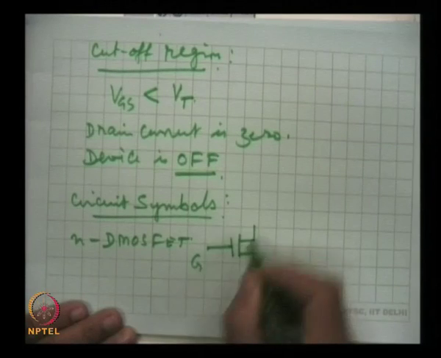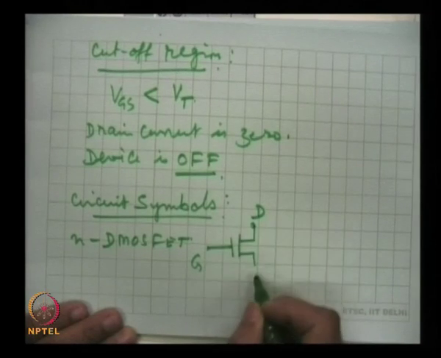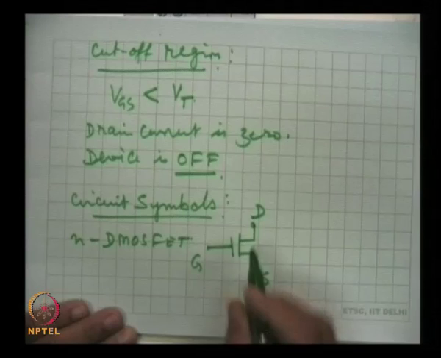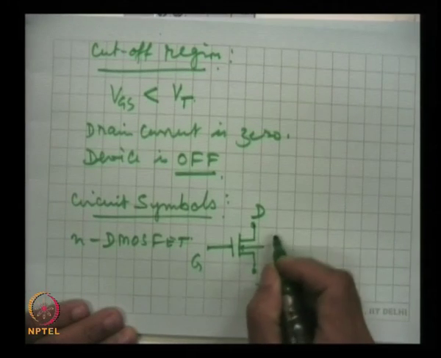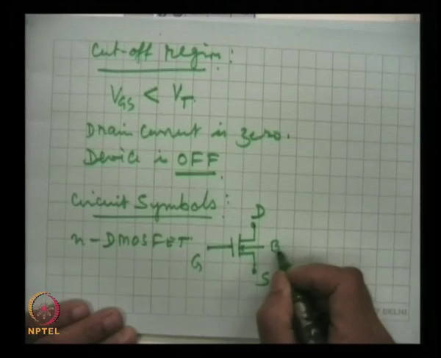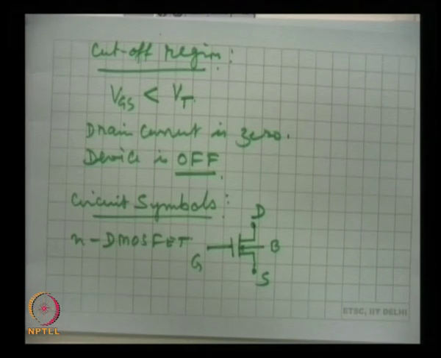This is gate, this is drain, this is source, and with the arrow this is substrate, B is the substrate.